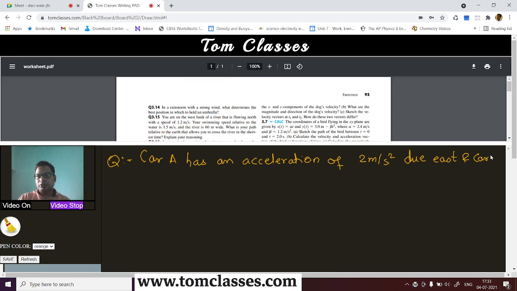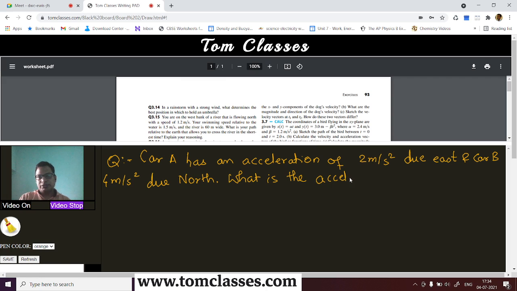And then there is car B, with 4 meter per second square due north. What is the acceleration of car B with respect to A, right?